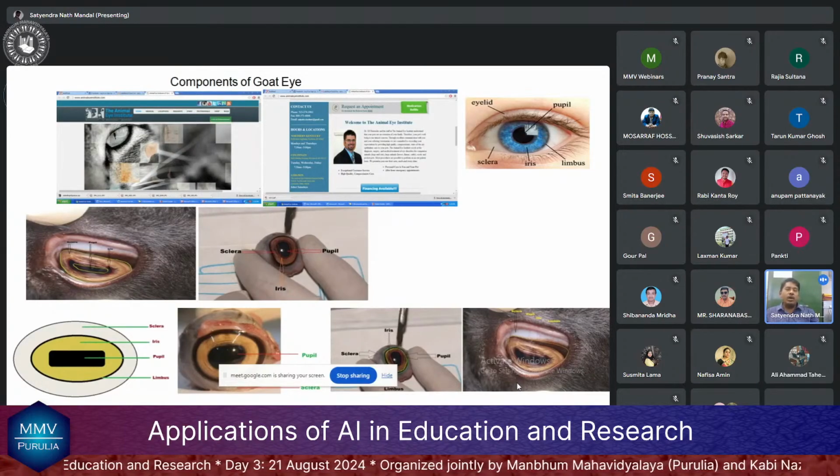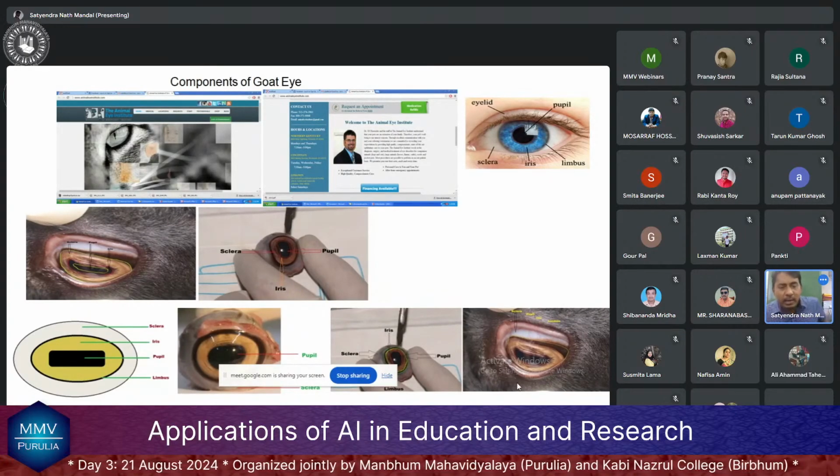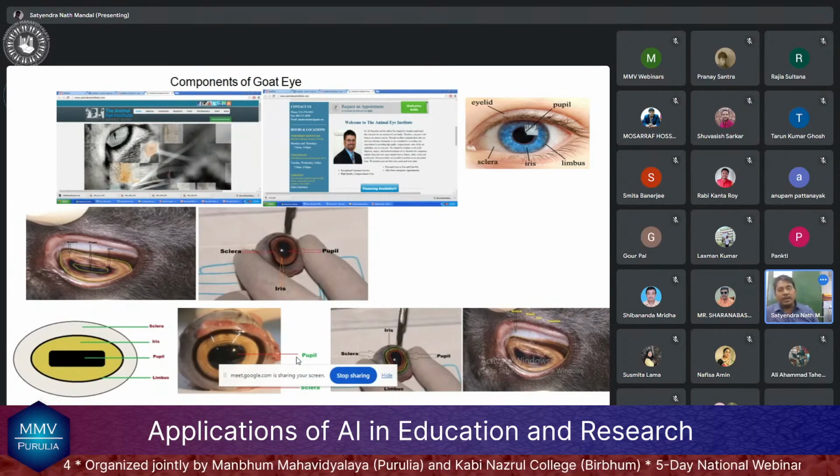He's the CEO of the American Animal Institute. He said, mark the eye individually and send it to me. And he returned the correct labeling.